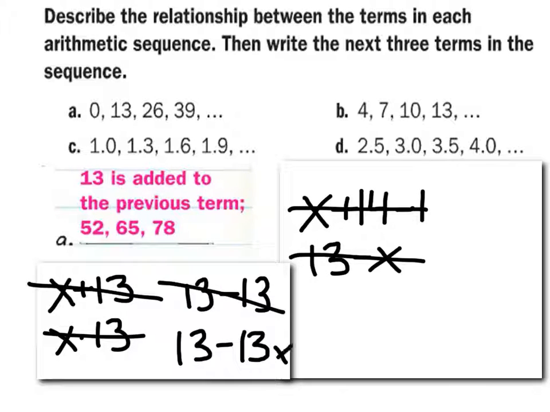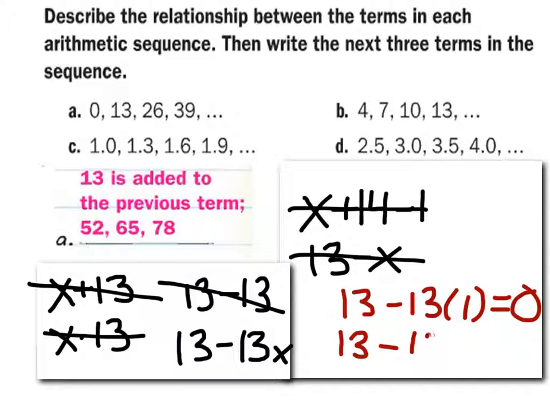Okay, well, let's check. 13 minus 13 times x. Well, in position 1, you'd have 13 minus 13 times 1. Well, that is 0. What about 13 minus 13, this is the second position, times 2. Bam, now it's negative 13. But this is positive.